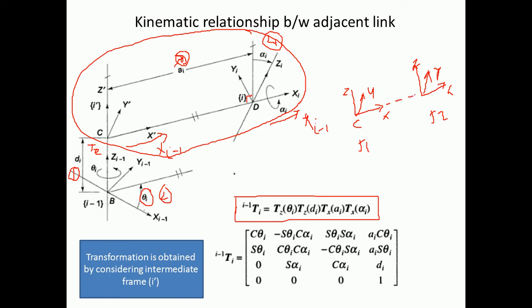Suppose this is the common normal line, and if initially this frame translates by a certain distance and reaches over here in a similar manner, with z and x, sorry, this is y. If the frame reaches this position D, you can see that both frame axes are parallel with each other. So we keep all the axes of the previous frame parallel to the final frame, or the next frame.